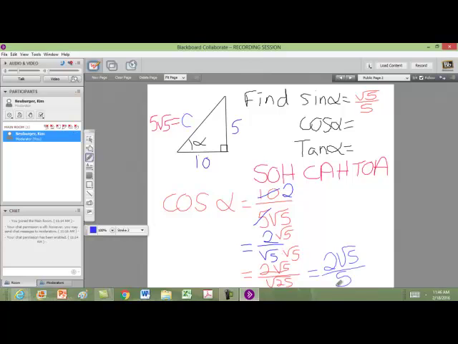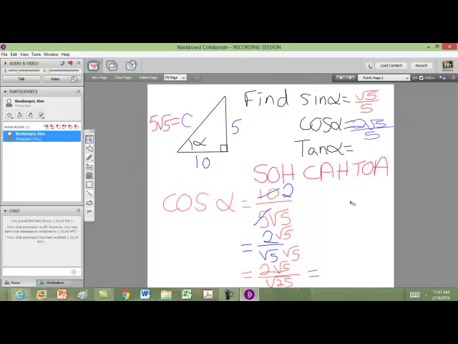So that's our cosine. Let's go ahead and move that up where our answers are. There we go. Whoops, my 5 moved a little bit there. Okay, now we have our cosine all set.